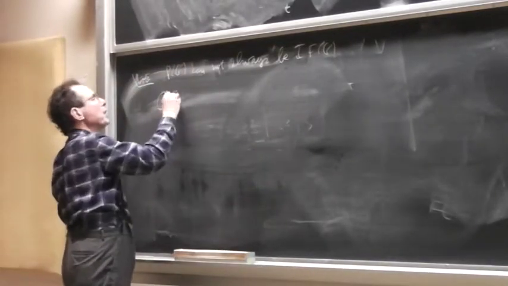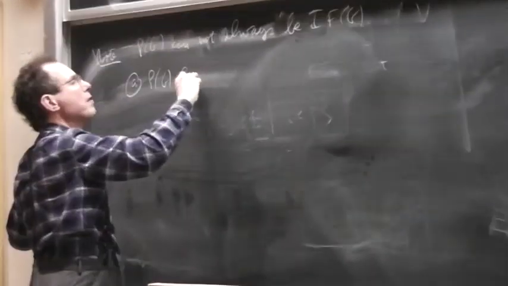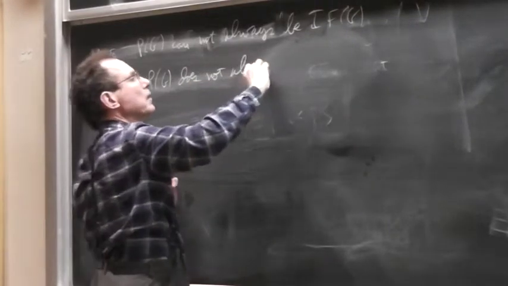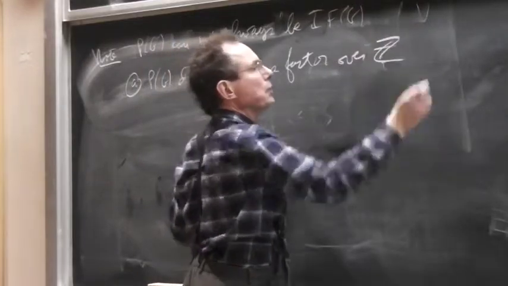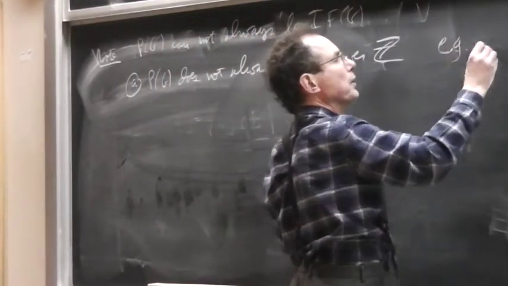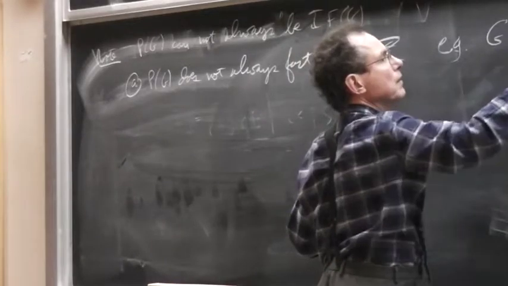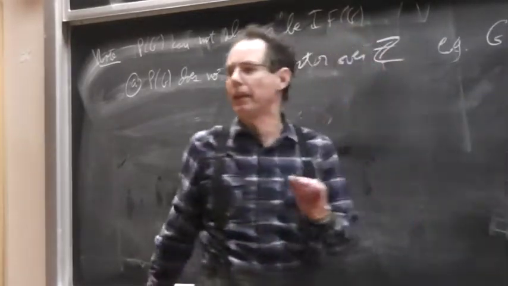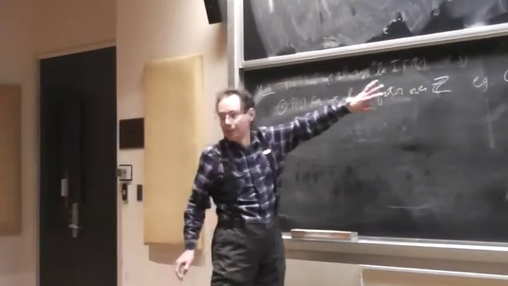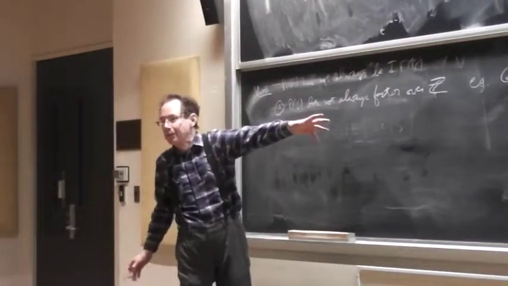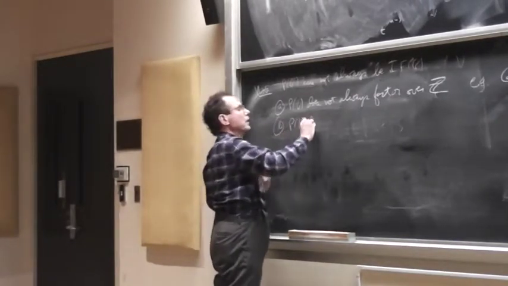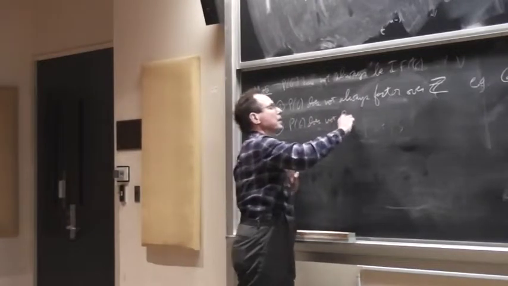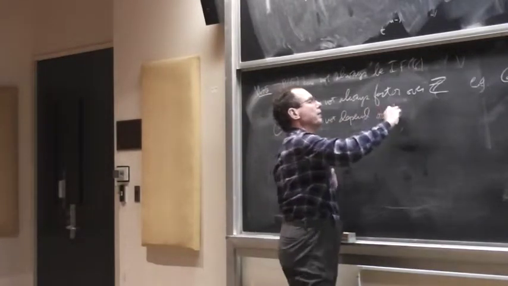One of them is that it's well known that P of G does not always factor over the integers. And if you want an example, just compute it for the 4-cycle, and you will get very non-integral roots. And we know that this guy always has integral roots. And then the second one, as you were seeing on the board, P of G does not depend on the labeling.